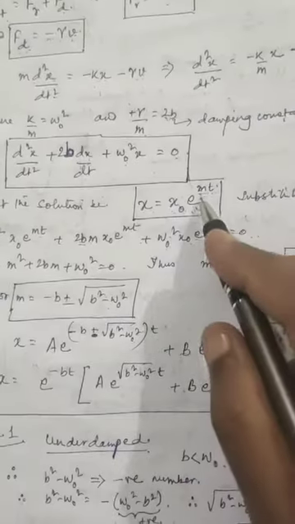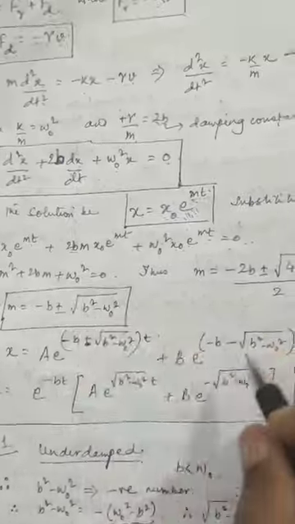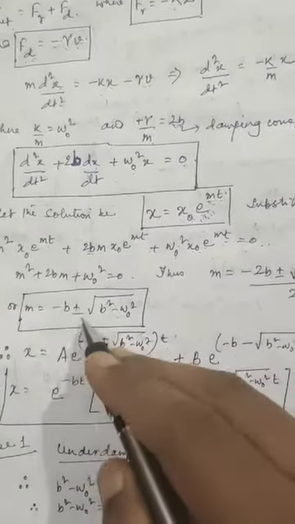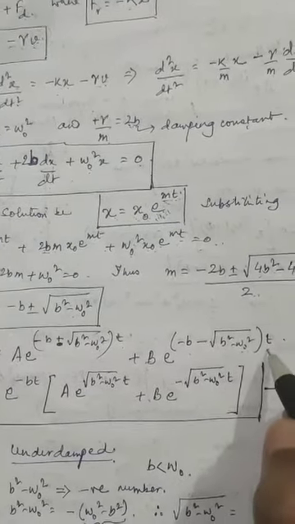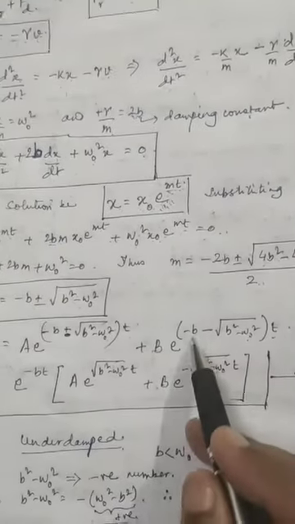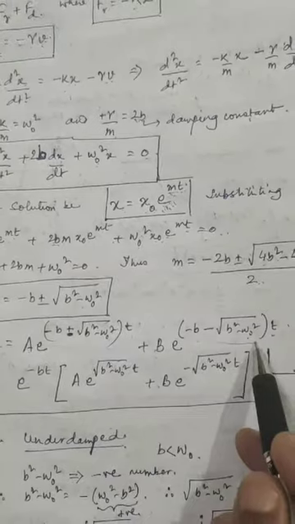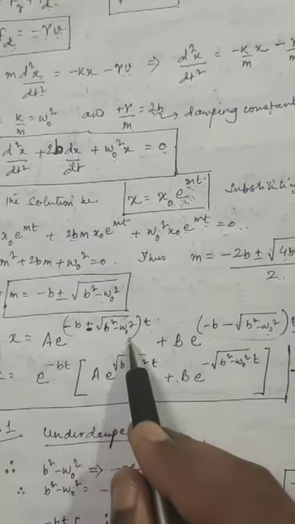In this case, the m value would be the next value, so it is minus b as it is, minus root over b square minus omega naught square, again times t. So this is one solution of m, this is the other solution of m.